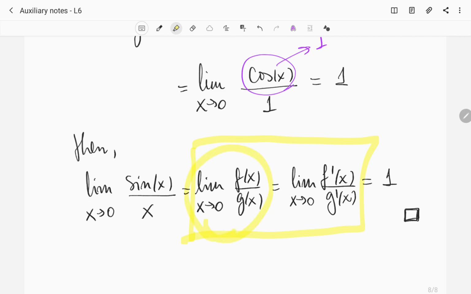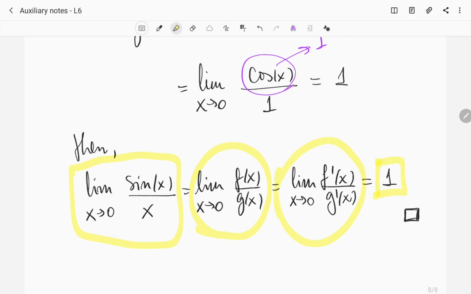So your original limit is exactly this auxiliary limit with the derivative of f and g. Our goal was computing this limit, which is exactly this with our notation of f and g. Thanks to the rule, we have this identity here, so this limit is exactly 1.